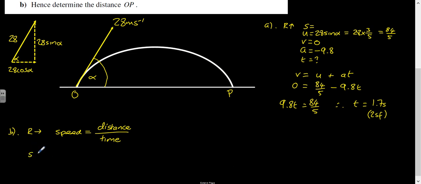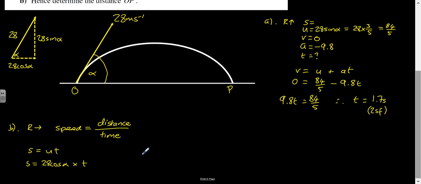So s for the distance, the horizontal displacement, is the speed, which is the initial velocity, multiplied by the time. You'll see it's almost like the equation ut plus half at squared, but the acceleration effectively is 0. So the distance then is the speed, the horizontal speed, which is 28 cos alpha, multiplied by the time.